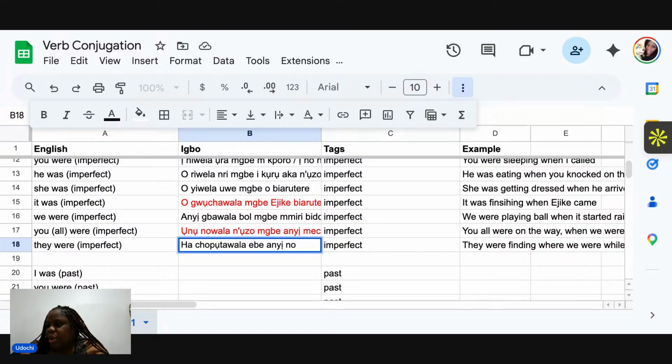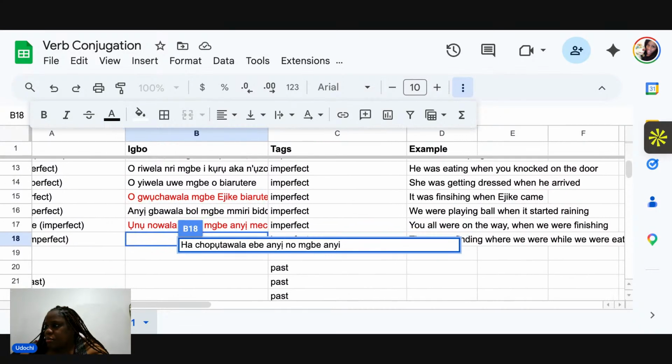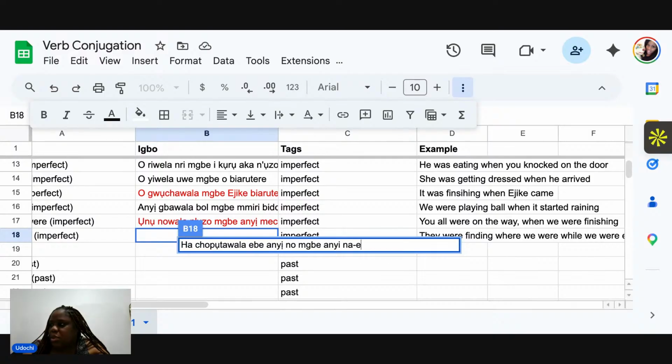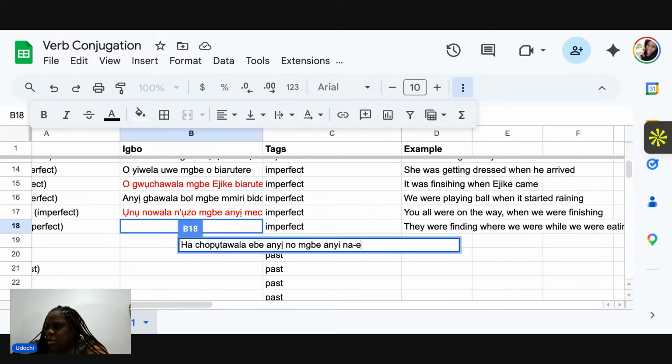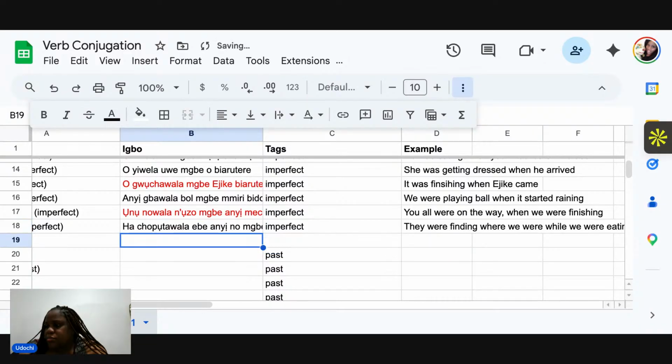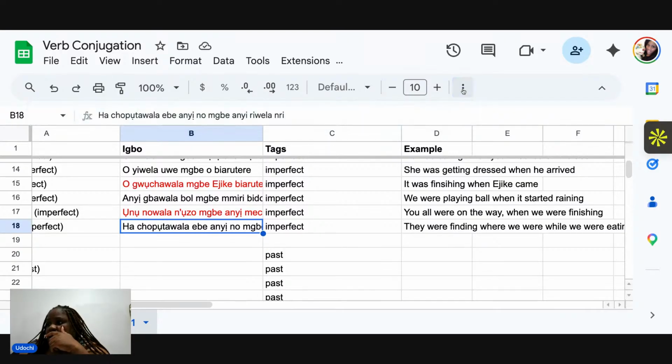Ha chapụtawala ebe anyị nọ mgbe anyị riwela nri.